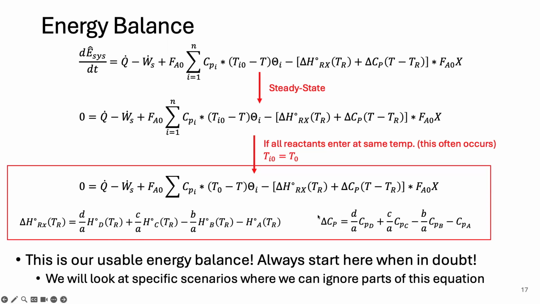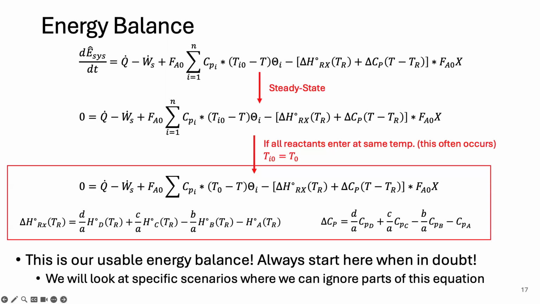And we can calculate the delta Cp, or the overall heat capacity here, by similarly accounting for the heat capacities of our individual species and their stoichiometric contributions. So this would be our usable energy balance.